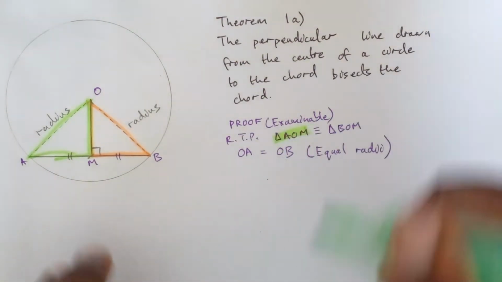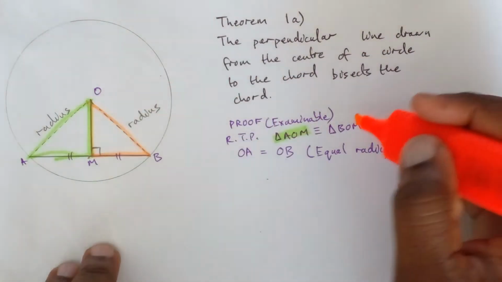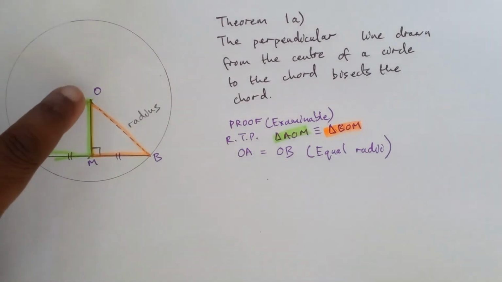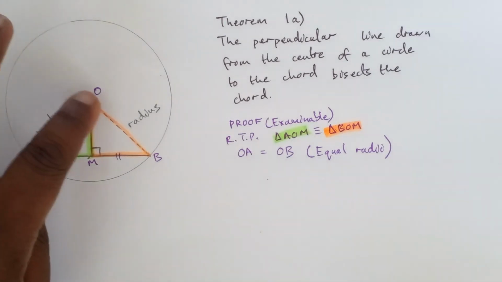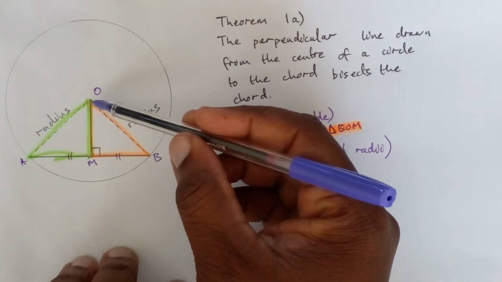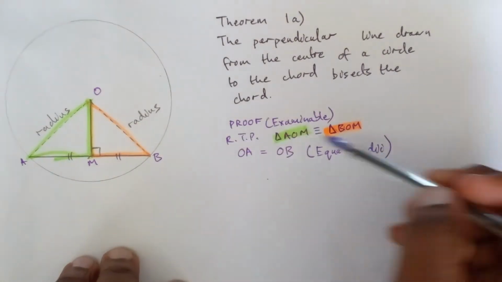This one should be congruent to the triangle BOM, which is that one there. Okay, so we've already found out that this side of the triangle OA of the first triangle and this side OB of the other triangle is equal to each other. What else can we see there? Well, we can also see that OM is a side for triangle BOM.